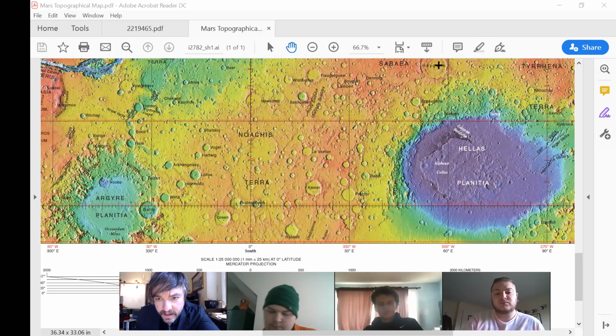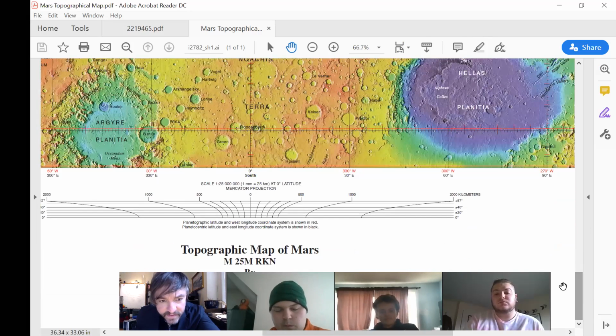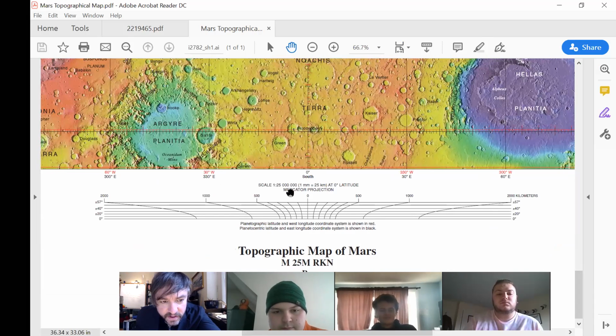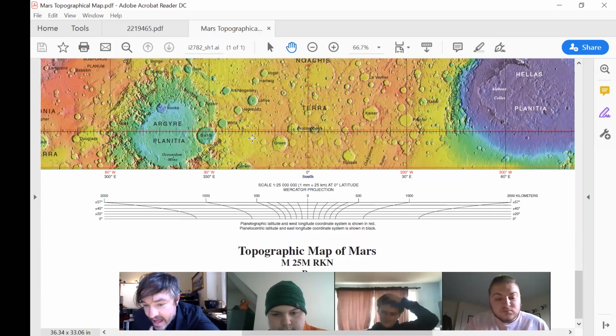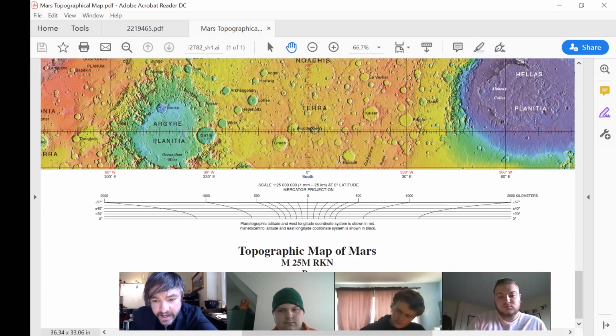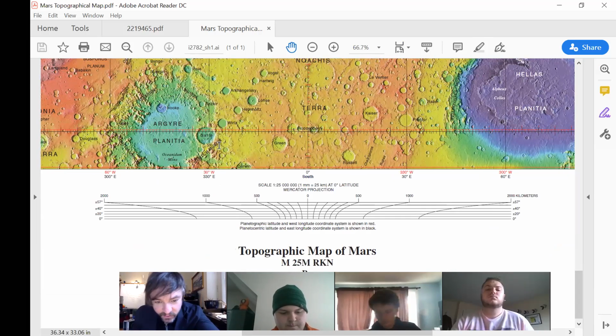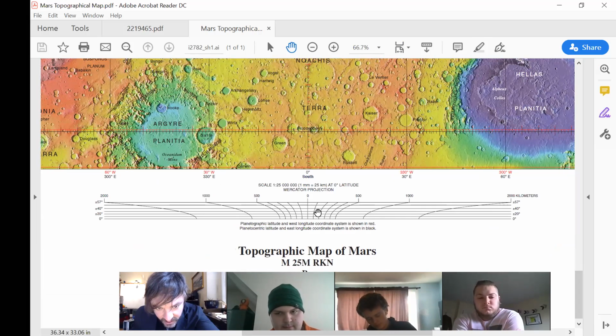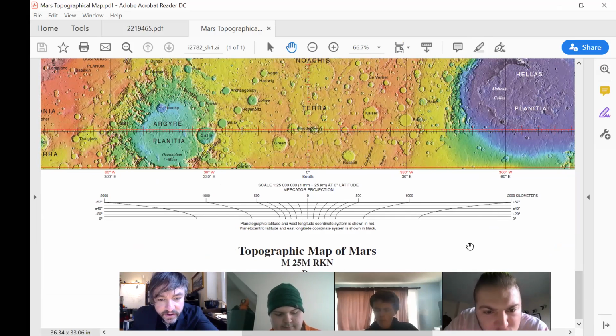Do you see down here we have something called Mercator projections. Remember that this is a flattened map from a spherical globe. So unlike a map of Rhode Island where 1 inch might equal 10 miles, here, how many millimeters equals how many kilometers will depend upon what latitude you're at.